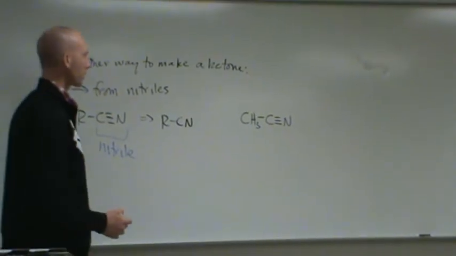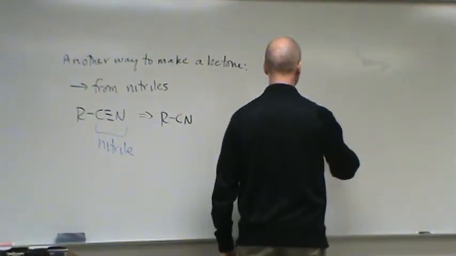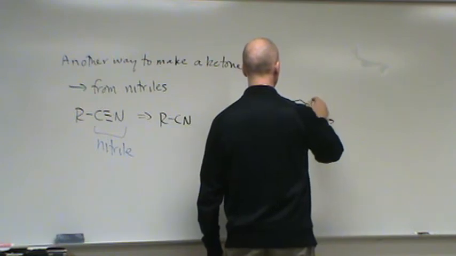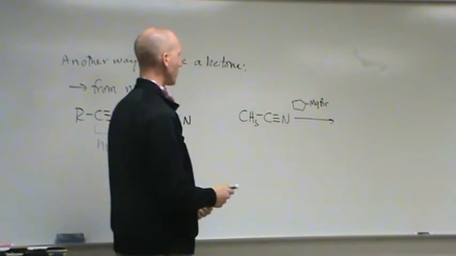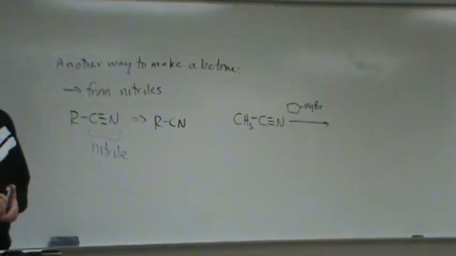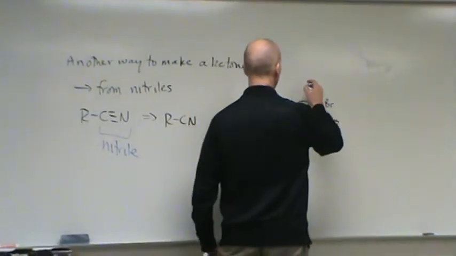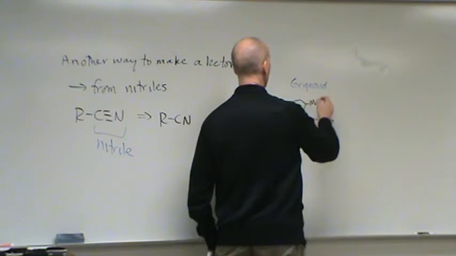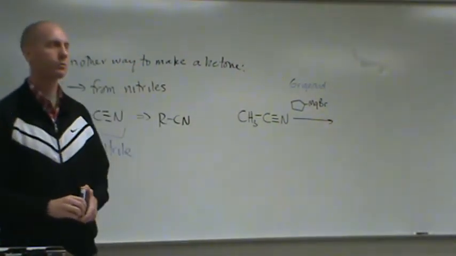And what we're going to do is react this nitrile with a Grignard reagent. So remember, a Grignard is when we have MgBr on a carbon-based molecule.